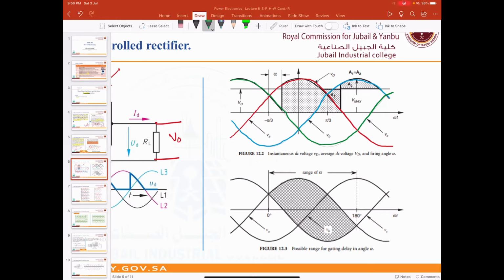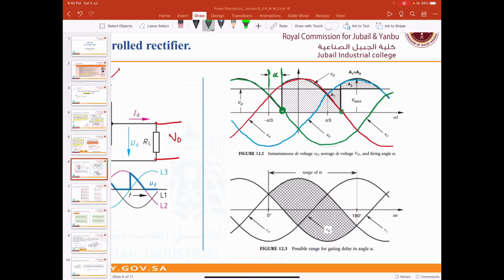Okay, now alpha can be found here, and we can vary the alpha from this part up to this part, guys. Now this is alpha, so from here it's alpha approximately pi over 3.